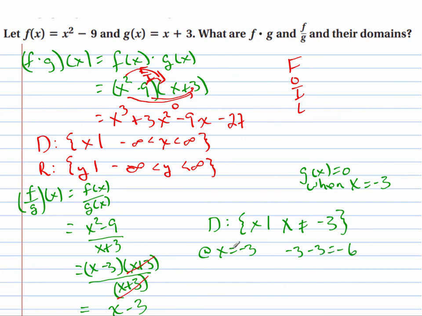So what this is telling me is x can't equal negative 3, so y can't equal negative 6. So the range is the set of y such that y does not equal negative 6. Because when x is negative 3 in this problem, y will equal negative 6. So we say these two functions are equivalent at every point except x equals negative 3, and we throw it out.